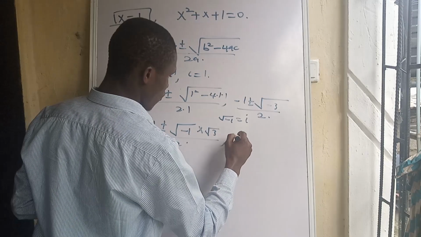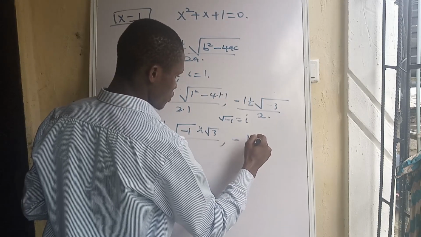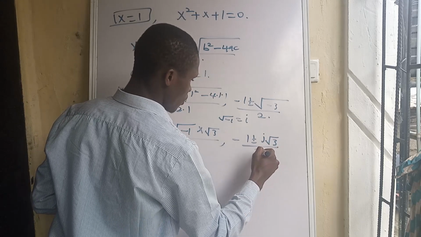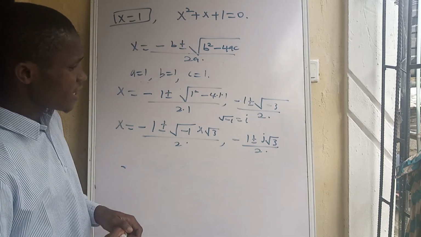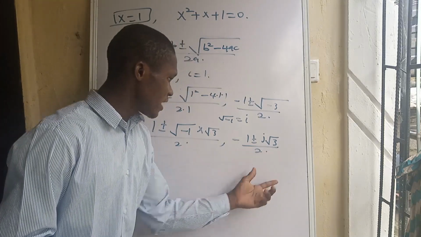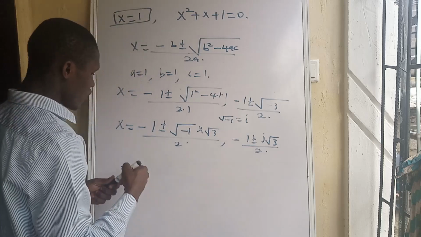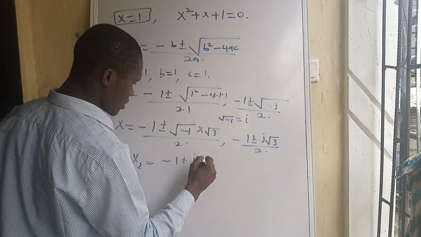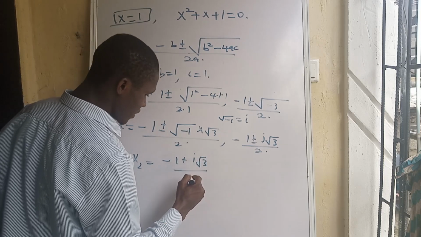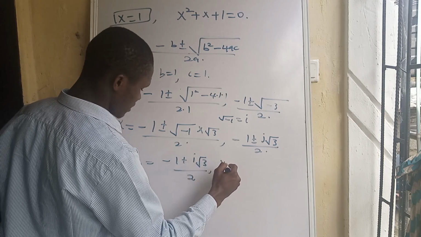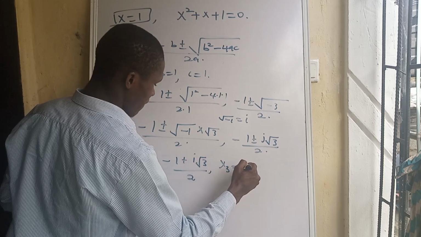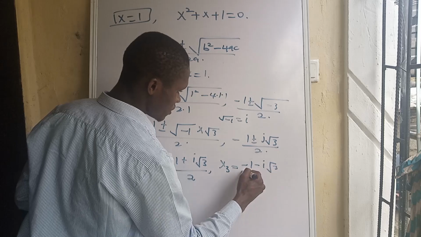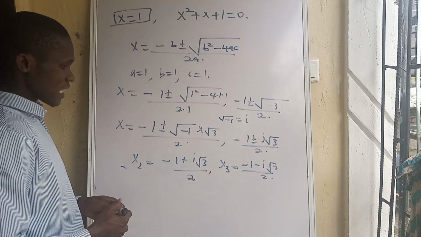So we have minus 1 plus or minus i times the root of 3 all over 2. In other words, x2 is equal to minus 1 plus i root 3 over 2, and x3 is equal to minus 1 minus i root 3 over 2. These are the values of x.